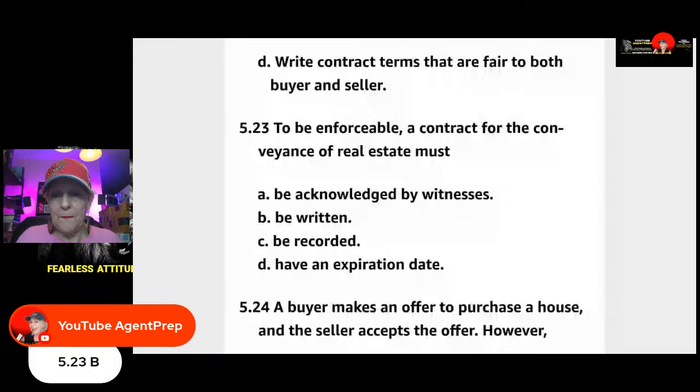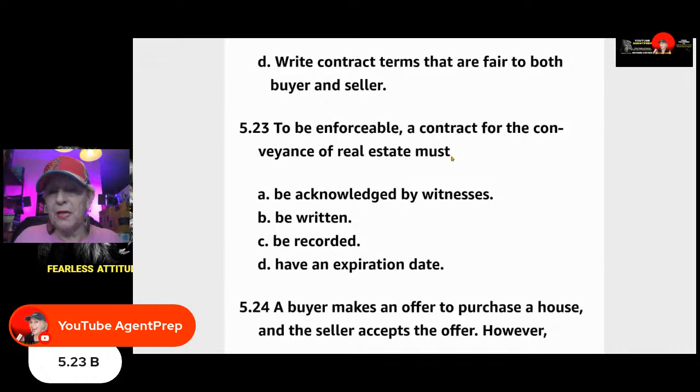Okay. So 23 will be B, right? Any contract to be enforceable must be in writing. Must. If it was a lease agreement less than 1 year, it can be verbal. But it's best to put it in writing.